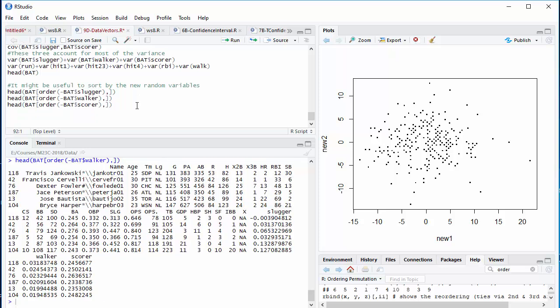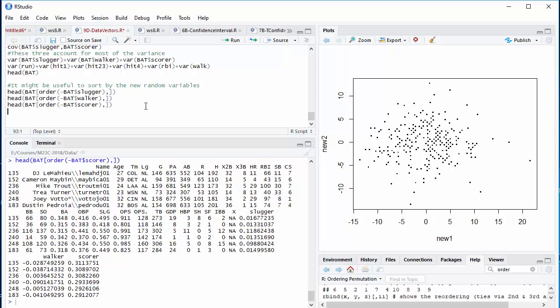If I sort on the second one, I get quite a different set of people. I do get folks that seem to draw a very large number of bases on balls and who tend to score many more runs than they bat in. That's also true in perhaps an even more extreme way for the top people if I rank according to the third of my 6 new vectors.